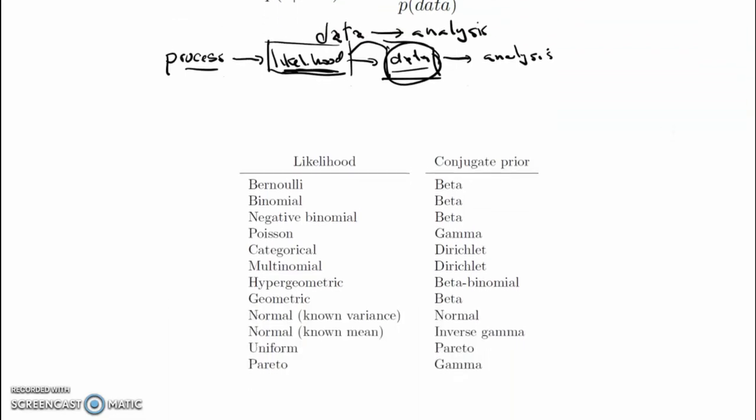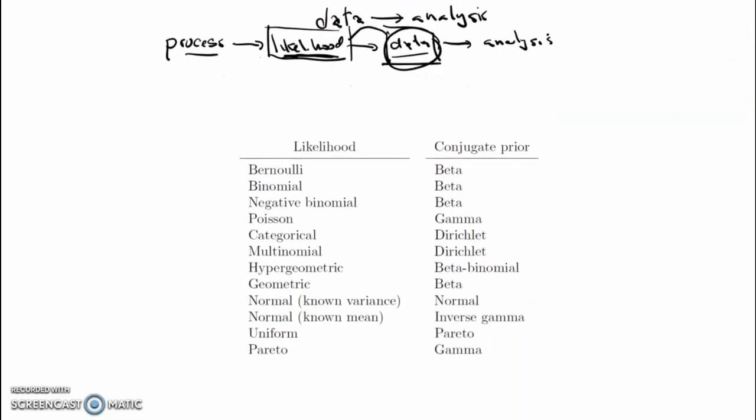So here what we have is a whole list of likelihood functions. And in this column, we have the corresponding conjugate pairs.